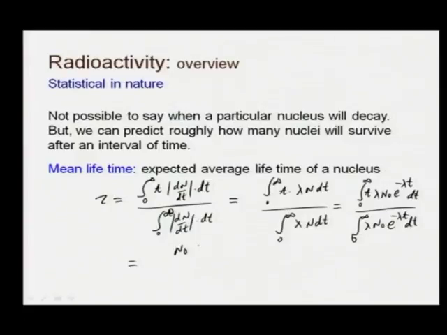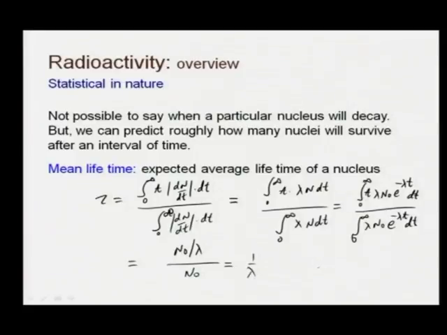The numerator will turn out to be N_0 over lambda, a simple integration; you can use integration by parts. The denominator, with lambda and N_0 constant, has the integral of e power minus lambda t dt from 0 to infinity, which gives you 1 over lambda. So, this will simply give you N_0, and therefore the whole thing is just 1 over lambda.